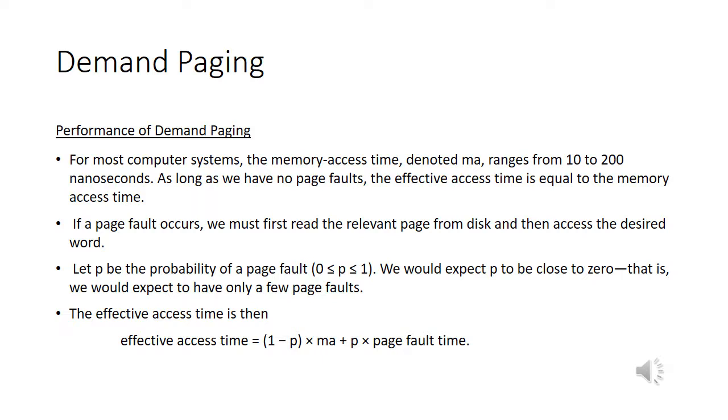That is, the effective memory access time increases. Let P be the probability of a page fault; we would expect P to be close to 0. That is, we would expect to have only a few page faults. Then the effective memory access time can be written as (1 - P) x MA + P x page fault time.